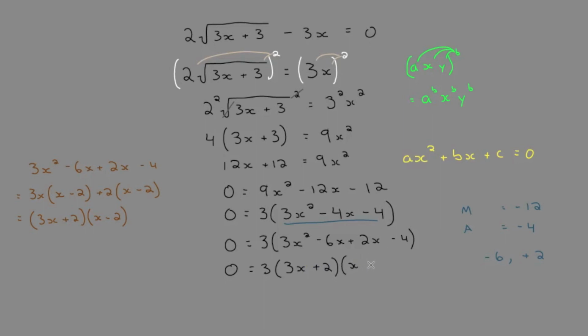And from this we can determine what x is by setting each of the two binomials equal to 0. And you may be able to see that from the first binomial, x equals -2/3, and x equals +2.